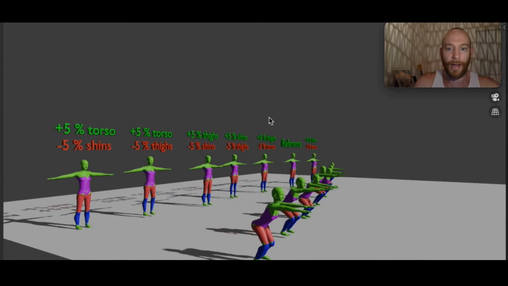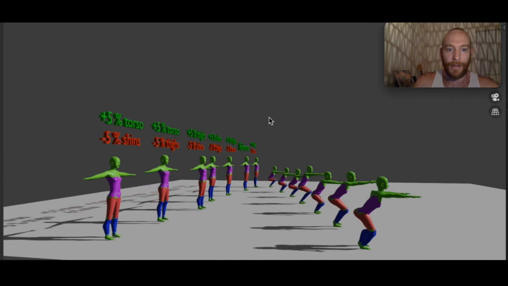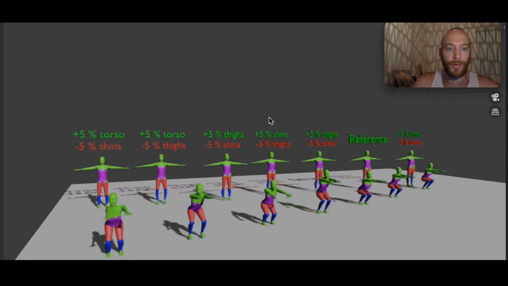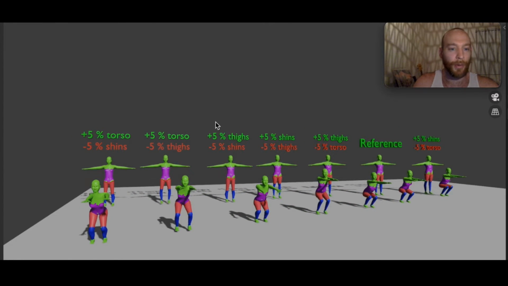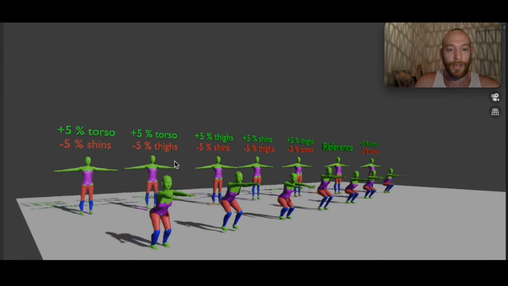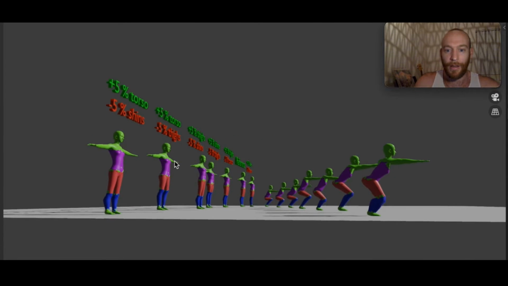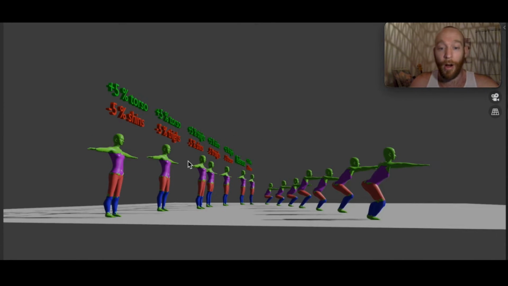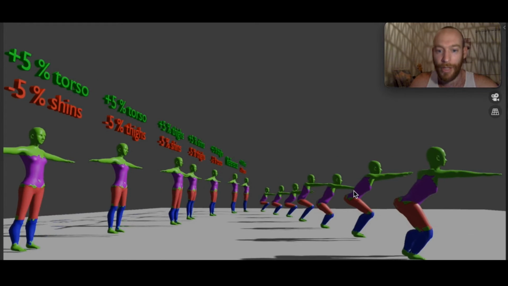So what you'll see now is a line of squatters, and each squatter corresponds to the model behind it and the proportions labeled behind it. So what you'll also notice is that all of these models, or these squatters, are organized in order of squat depth, namely how far their hips are from their shins.